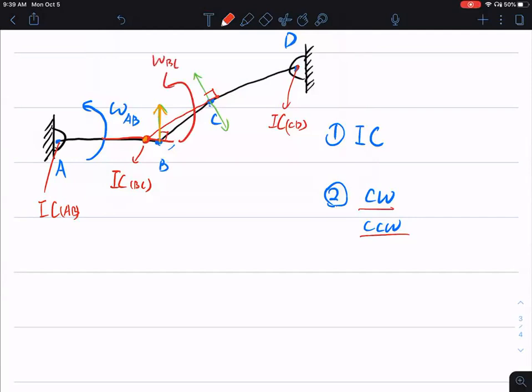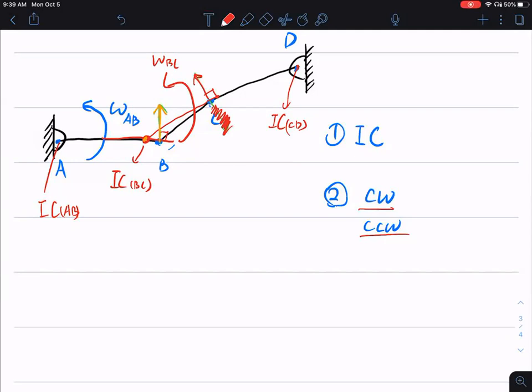If BC is going counterclockwise, then what's the direction of velocity at point C? Is C going to go up or down? Use your finger, show me. There's only one way. So this is wrong. C can only go that direction. Okay, if C is going that direction, what's the rotation of CD?